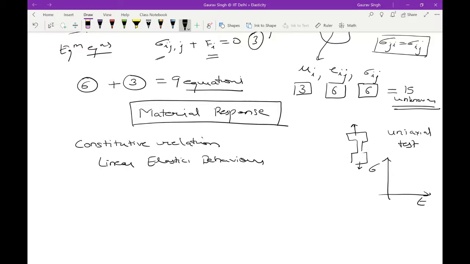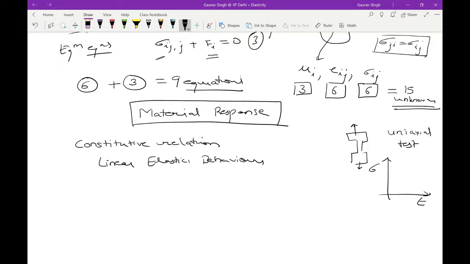Then there is an elastic limit. Elastic limit is that point up to which, if you remove the load, it will come back to zero strain.